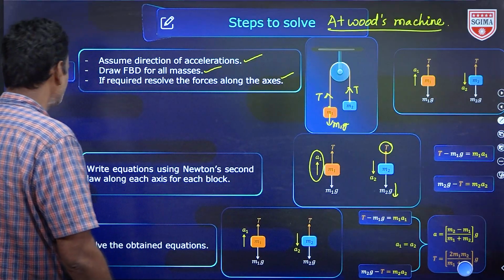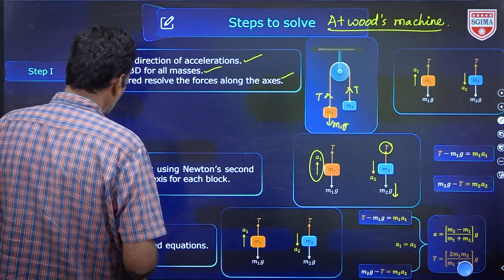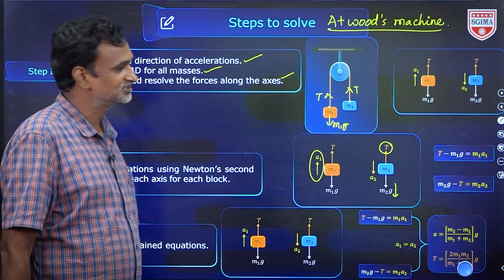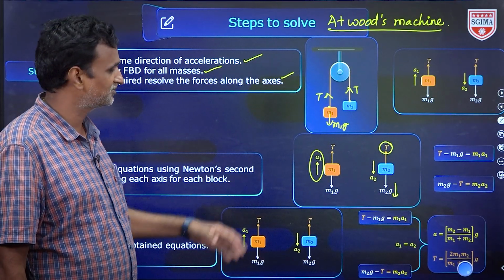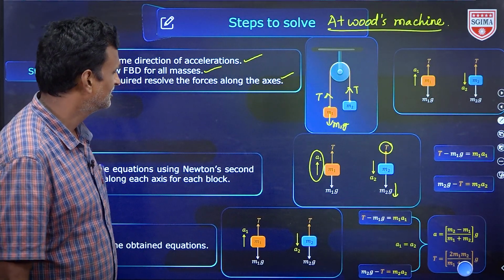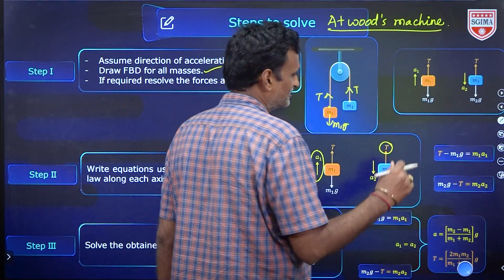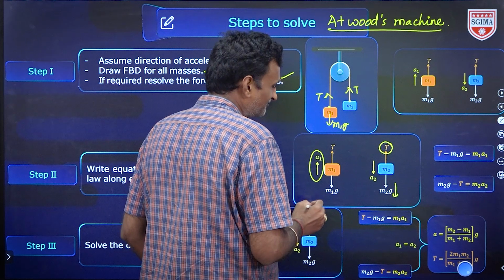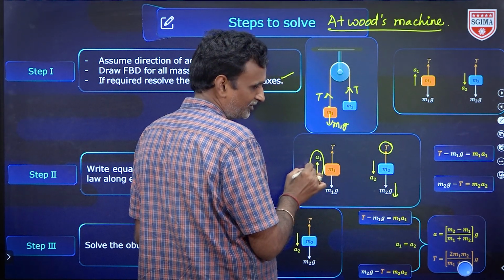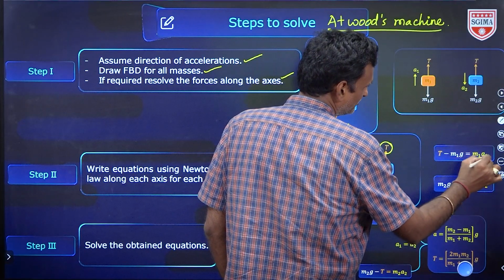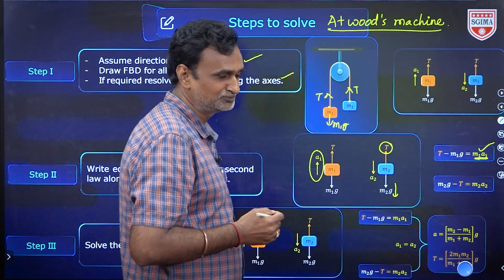So next, write the equations using Newton's second law along each axis for each block. Just we need to apply F-net equations for the cases here. Okay? So first of all, let us take consideration here. What is the force acting? Acceleration is upward, so T minus M1G equal to M1A1.